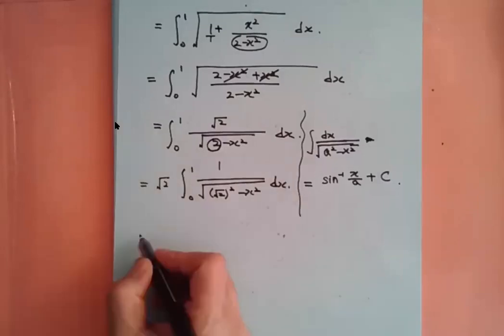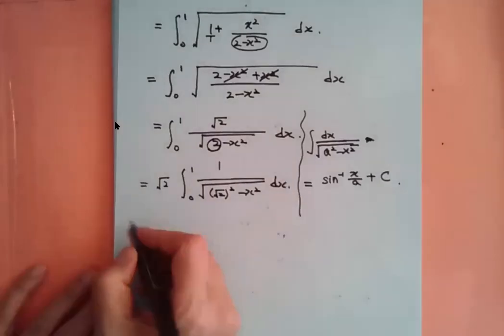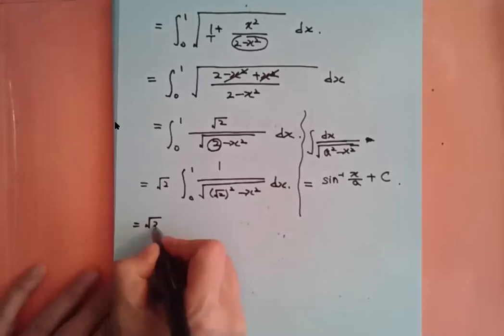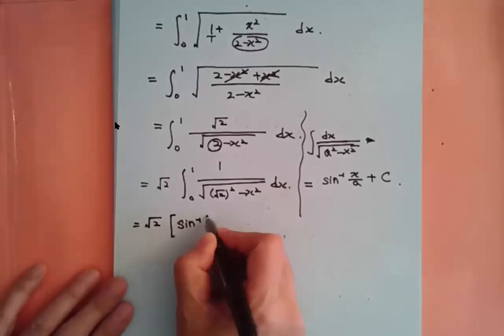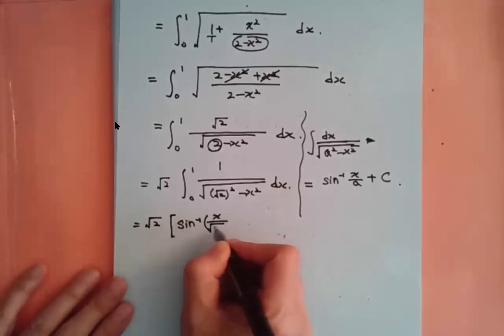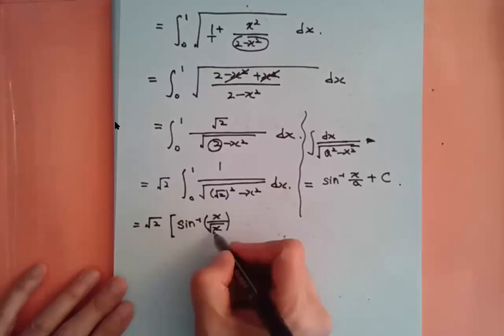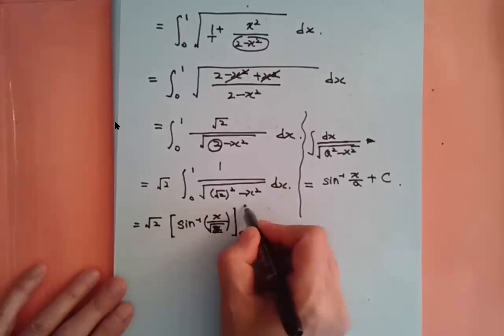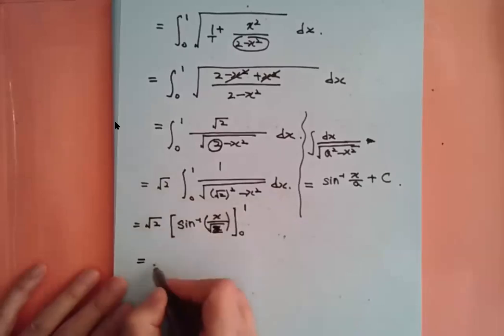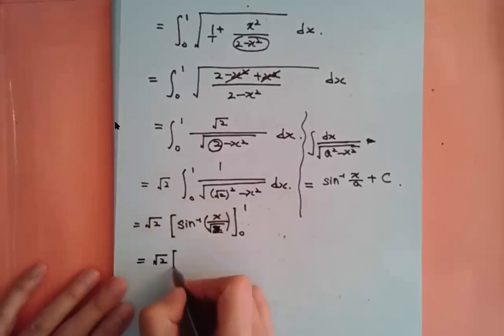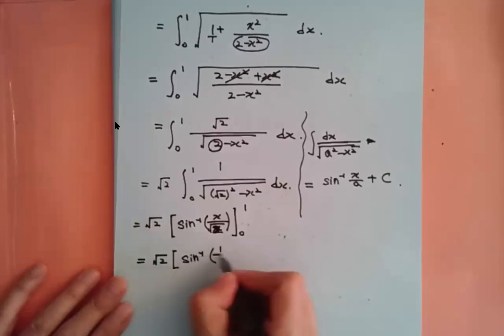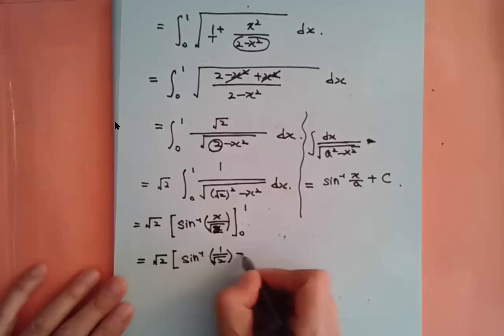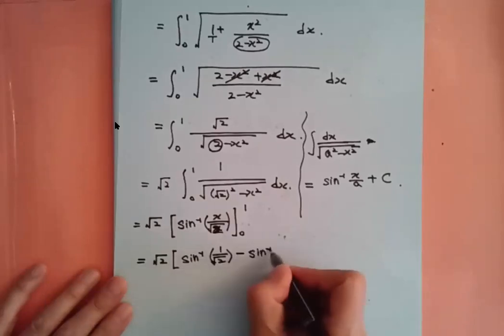So when we apply this formula here, we have square root of 2 times sine inverse of x over square root of 2, from 0 to 1. And then that is square root of 2 times sine inverse of 1 over square root of 2 minus sine inverse of 0.